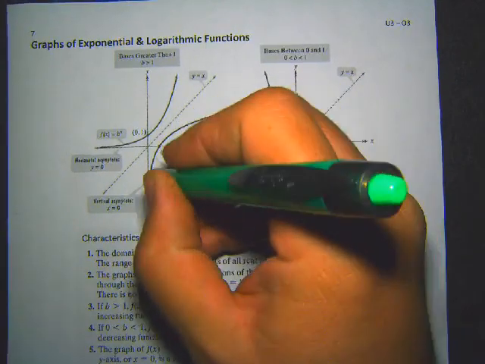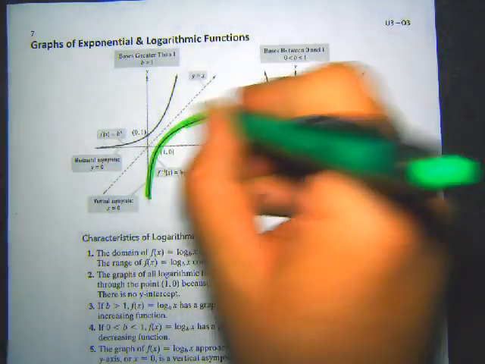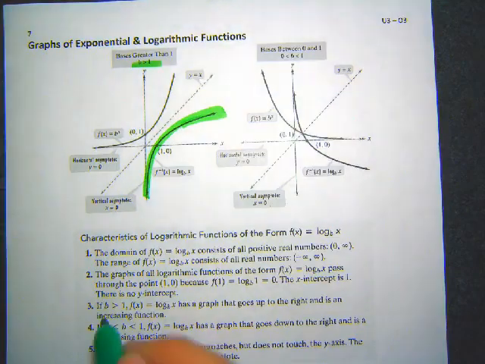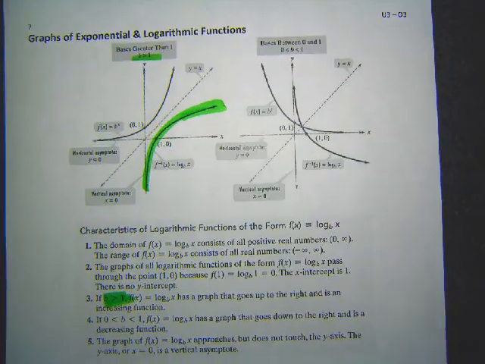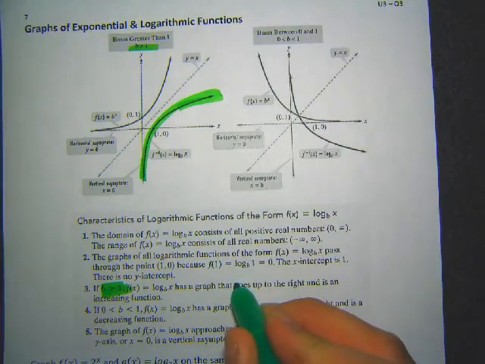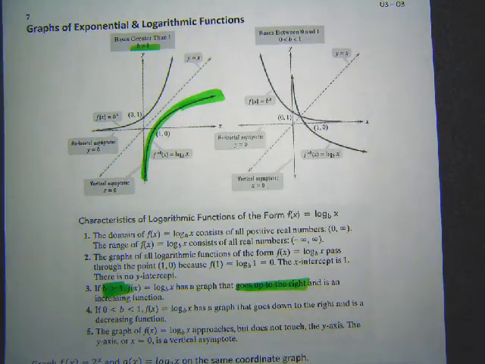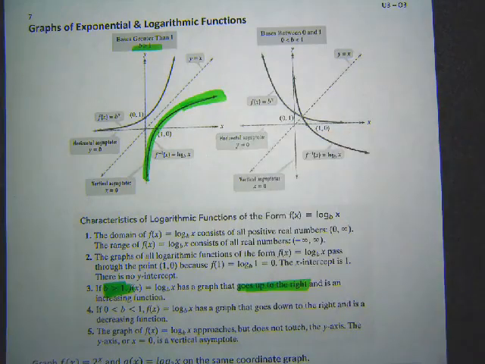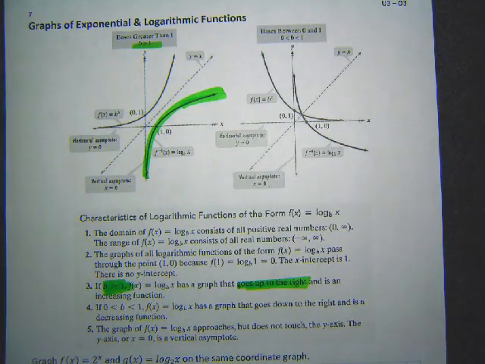So this would be a log that's got a base that's bigger than 1. So if your base is bigger than 1, if you have a big base, so log base 2, log base 3, log base 4, log base 10, those are always going to go up to the right. The bigger the number you put in, the bigger the result you'll get out. They'll be increasing functions.